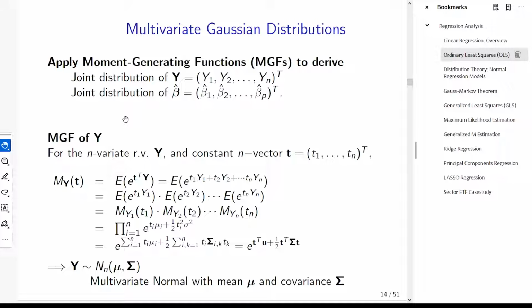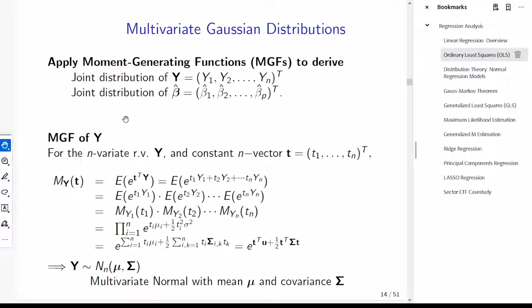So this example of the application of moment generating functions is really quite neat because the arguments are very simple and accessible. So if we have an n-variate random vector y and a constant vector t, then the moment generating function of the y vector is equal to the expected value of the exponential of t transpose y.